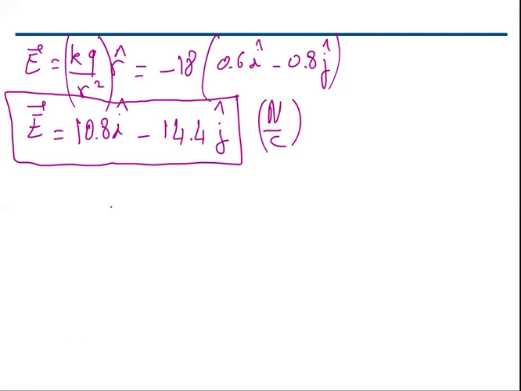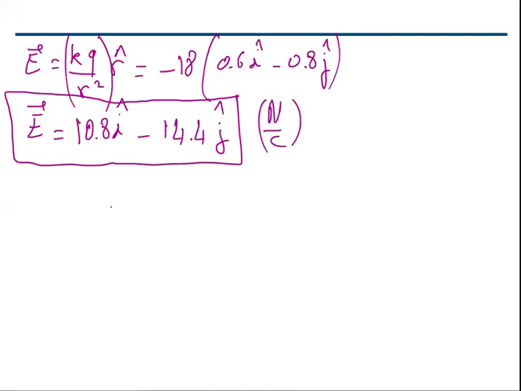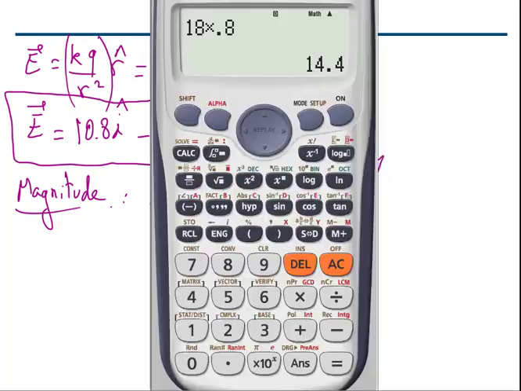Good. Any question, please? If we go through the magnitude and the direction, the magnitude, of course, E equals the square root of 10.8 squared plus 14.4 squared. We can cancel directly this negative sign. No need to write it because it's squared.